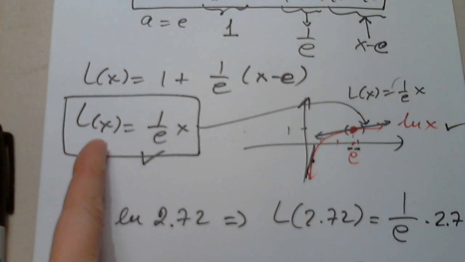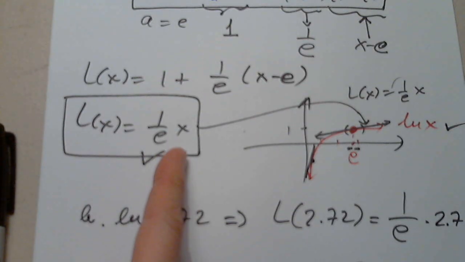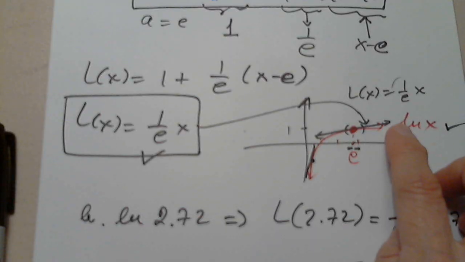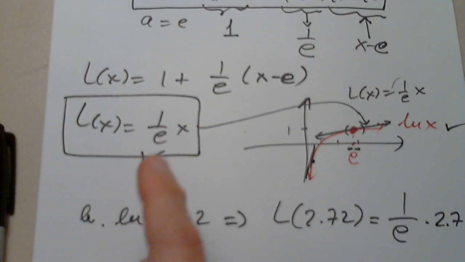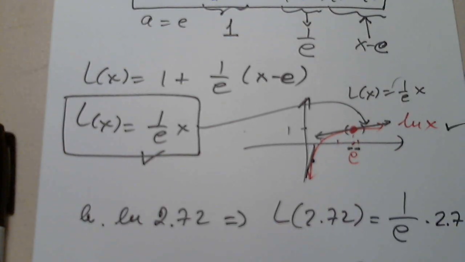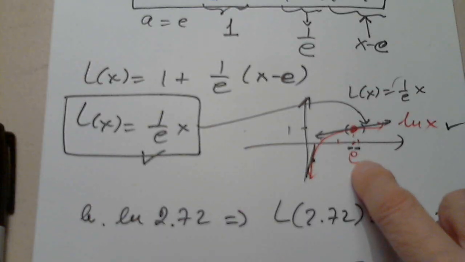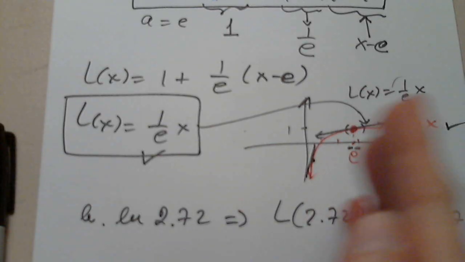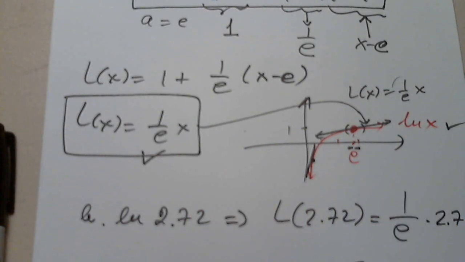So I plug in 2.72. It's close enough to e. So I can use the tangent, because if you say approximate using this tangent, approximate at 4 or 5 or 10, I'll say, no, I can't. This number has to be close to e, either to the left, a little bit lower, or a little bit higher to the right.